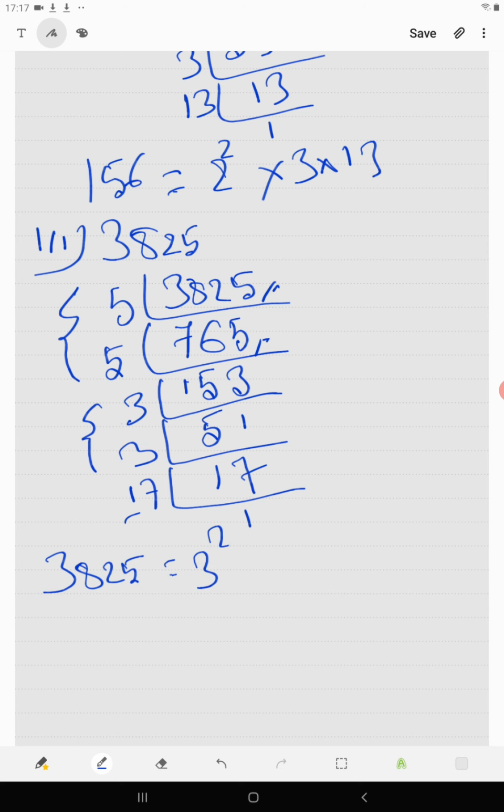So first I'll write 3 square, then 5 square, and then 17. It's better to write in increasing order.